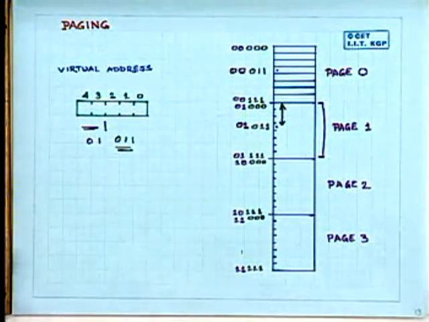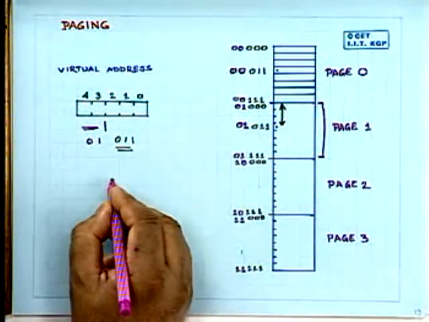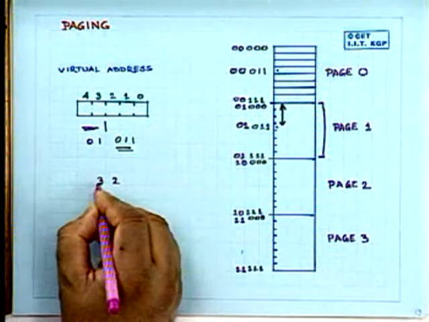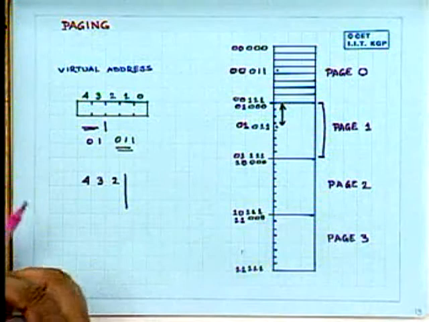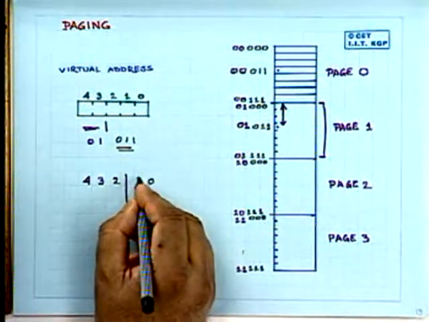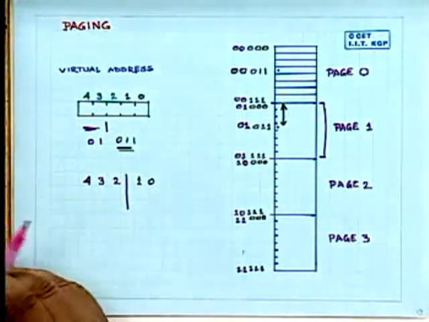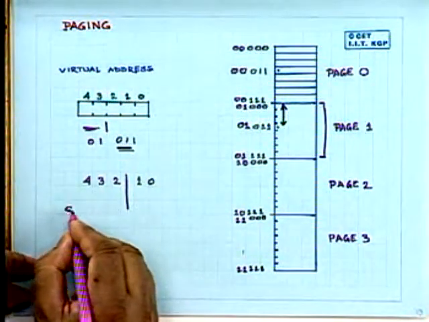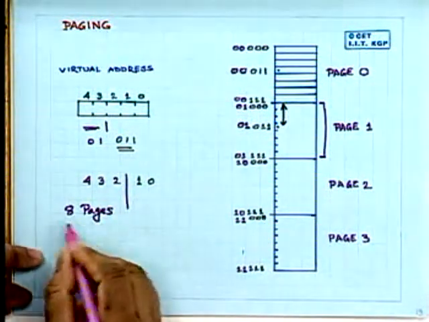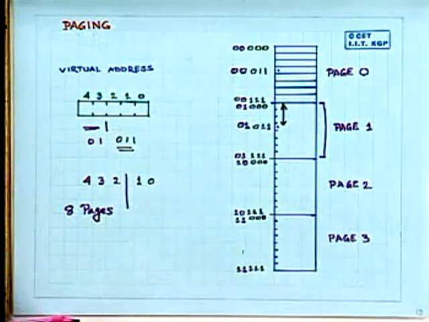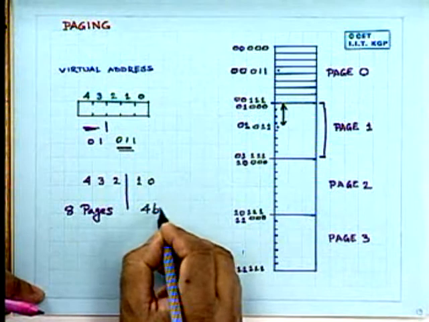Another way that we can do it is to say, for example, that bits number 2, 3, 4 generate the page, and bits number 0 and 1 generate the offset. In this case, we have 8 pages starting from 0 to 7, and each page will contain 4 bytes.